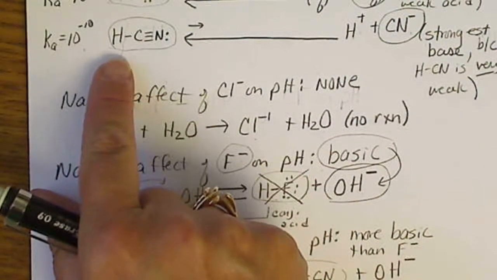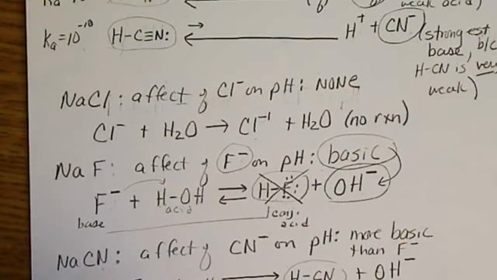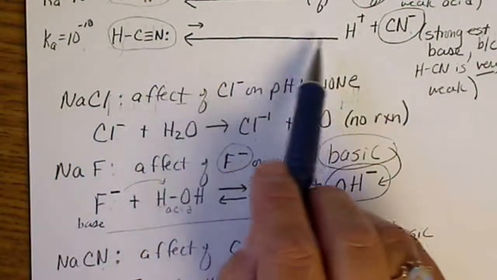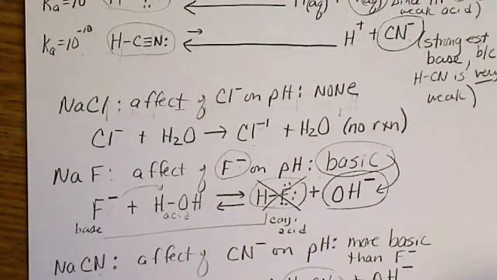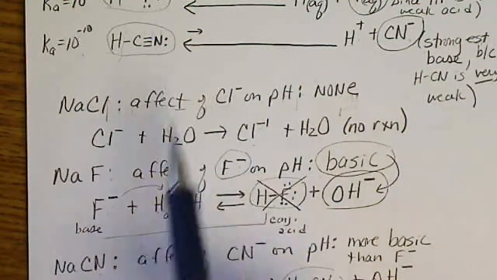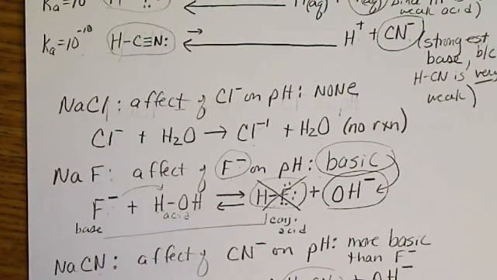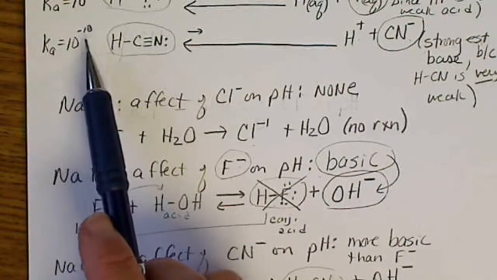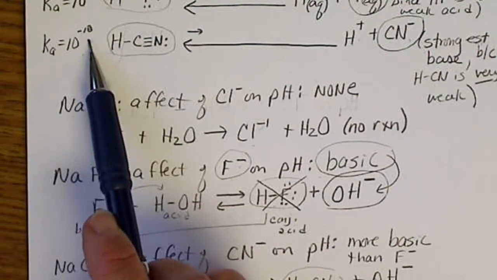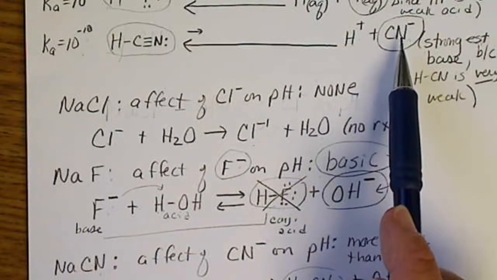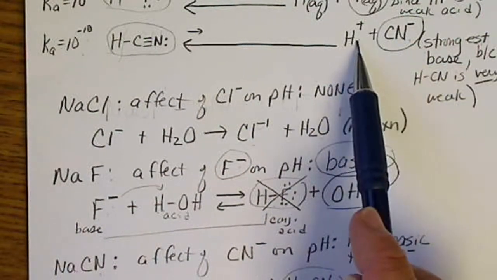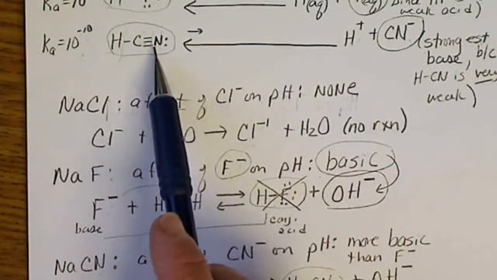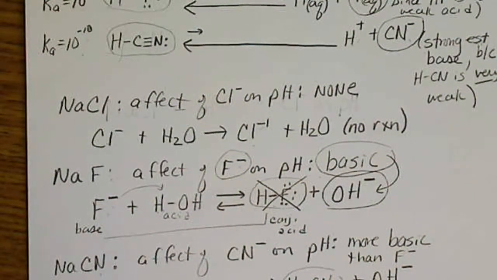Everything that we're talking about comes from understanding equilibrium and which direction the equilibrium is favored. Because hydrogen cyanide is a very, very weak acid, the cyanide ion in the presence of H+ prefers to make the intact molecule.